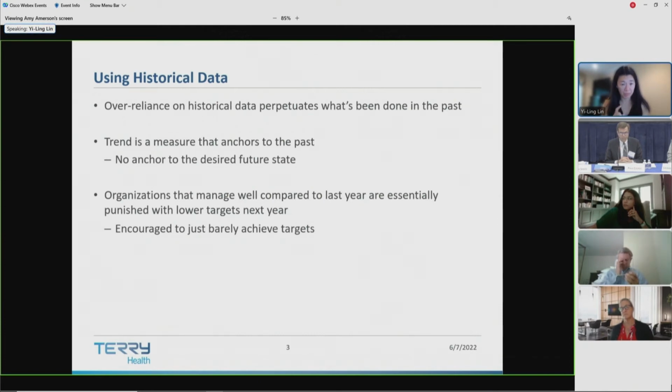But provider system B does better. They beat it and come in at $102. The way the mechanism works, provider system B is now held to $102 plus 5%. So provider system B is performing better, and yet they're being penalized by being paid less in the future because we continue to anchor on that historical mark.